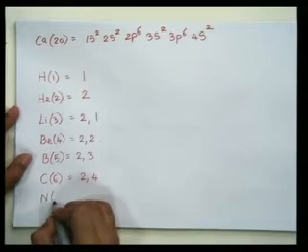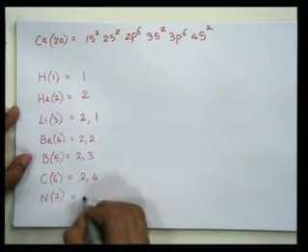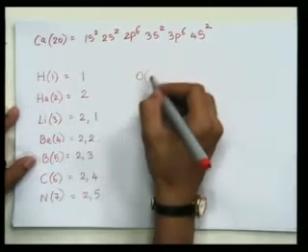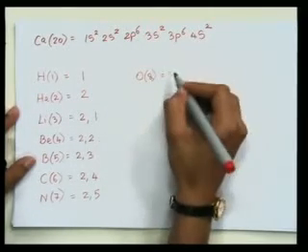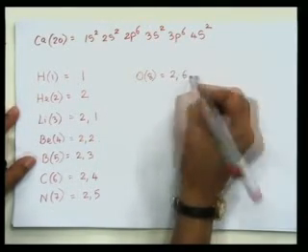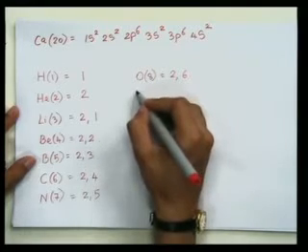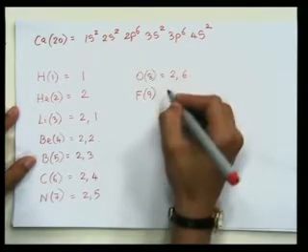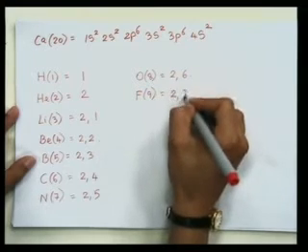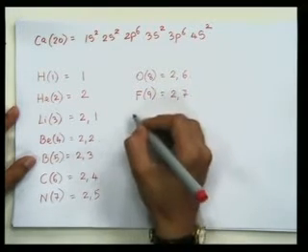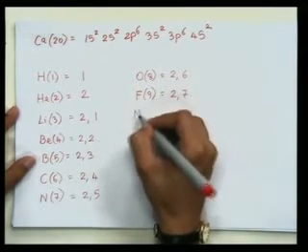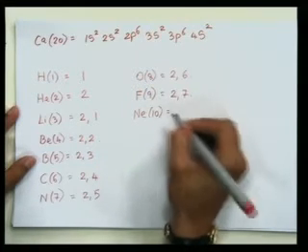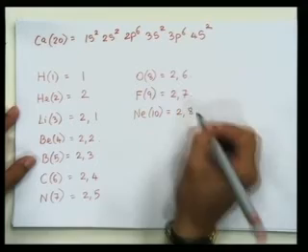Nitrogen having atomic number 7, we can write as 2, 5. Oxygen having atomic number 8, we can write it as 2, 6. Fluorine having atomic number 9, we can write it as 2, 7. Then neon having atomic number 10, we can write it as 2, 8.